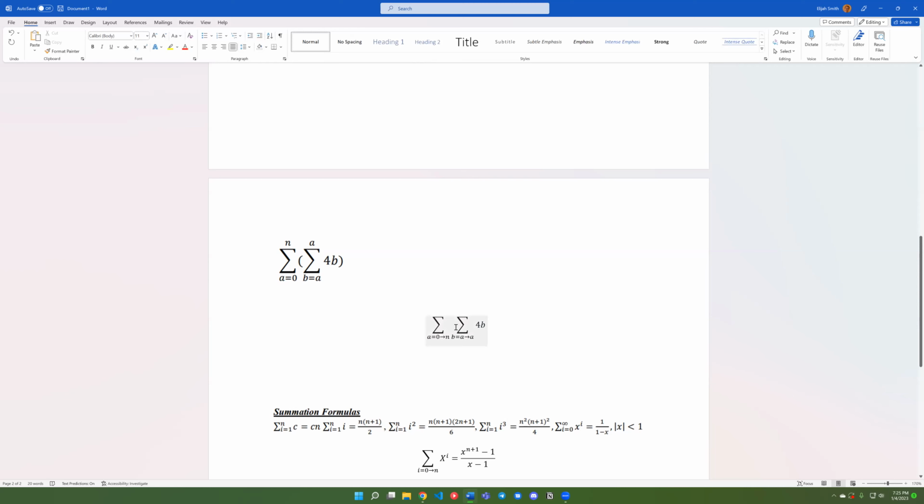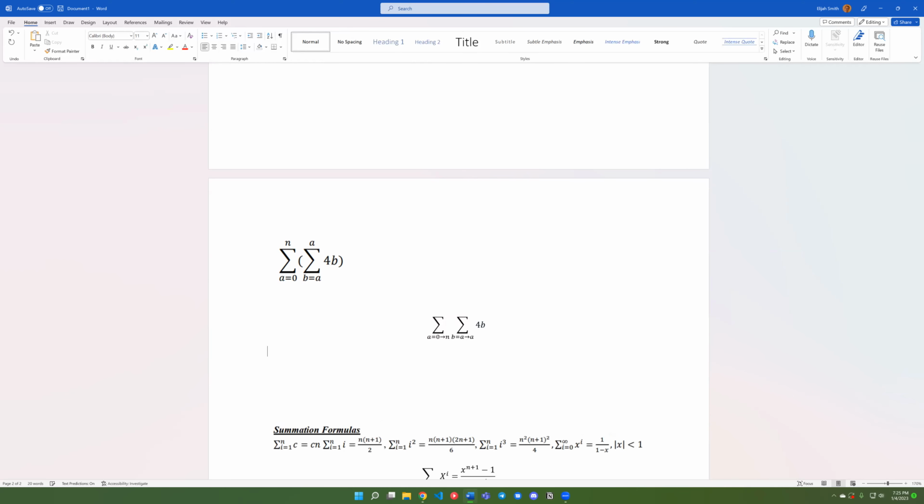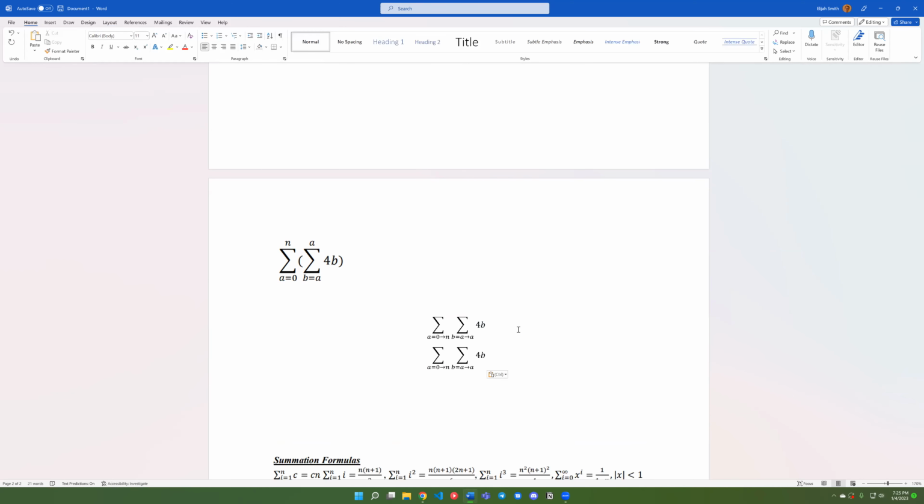All right, so the first step to solving any of our summation problems is we need to simplify our inside thing here. So we can go ahead and take our constant out if we want to.